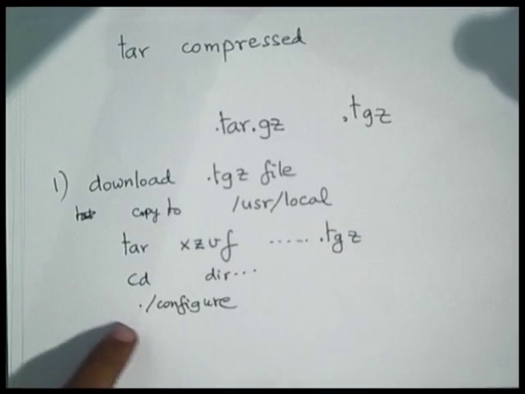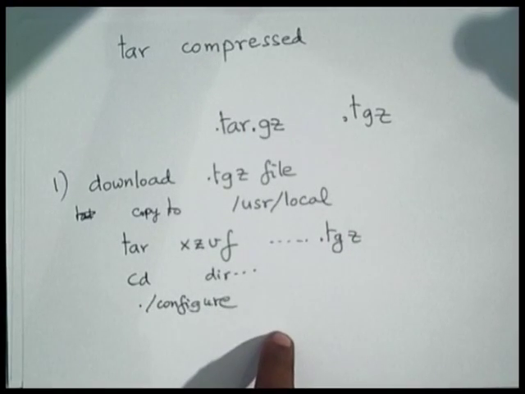Whether all the libraries are there or not, whether you have enough memory, whether your version is correct, whether this program is supposed to run on this version, etc. All this checking is done by the configure program. The configure script comes with the program inside the tar.gz. So you first run that. So you run ./configure.